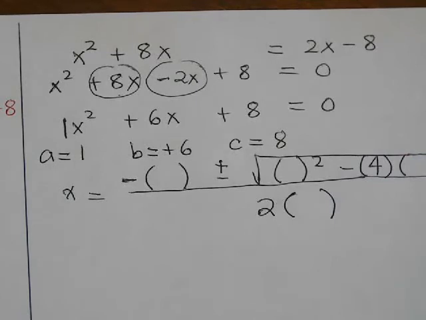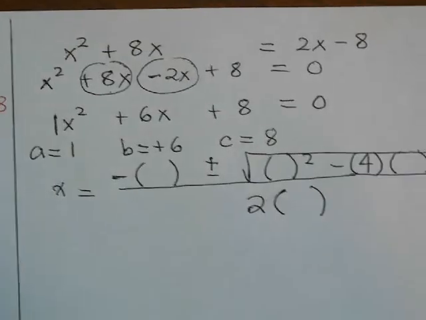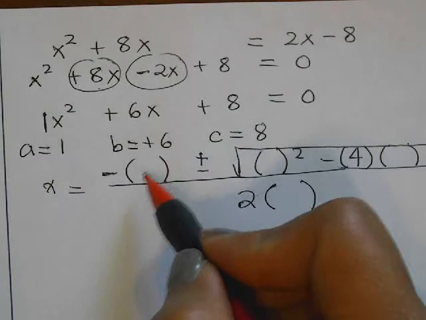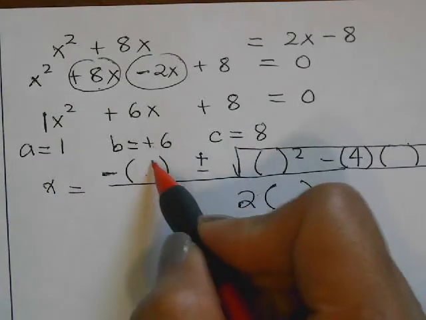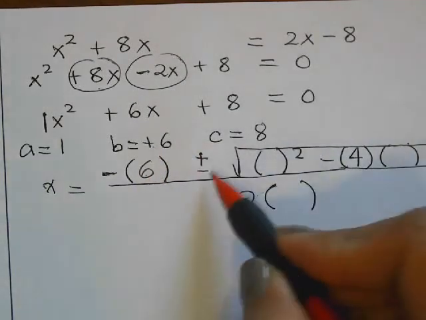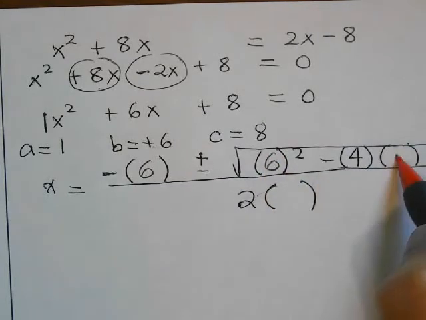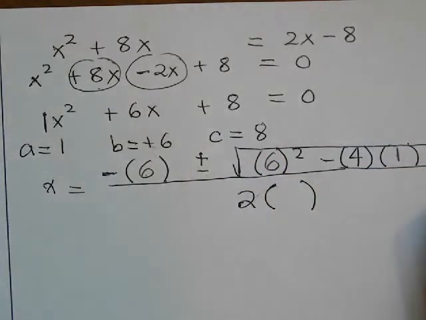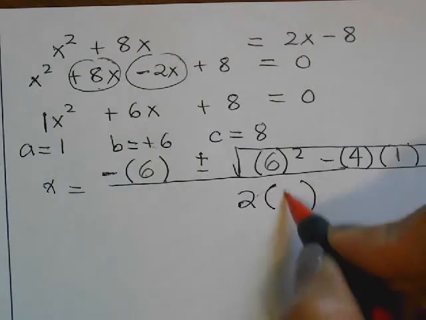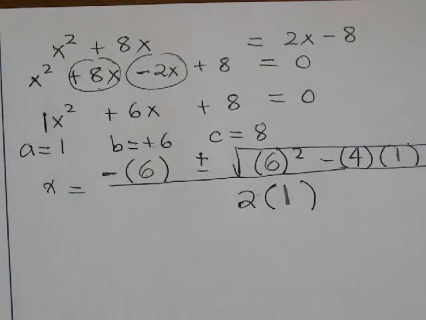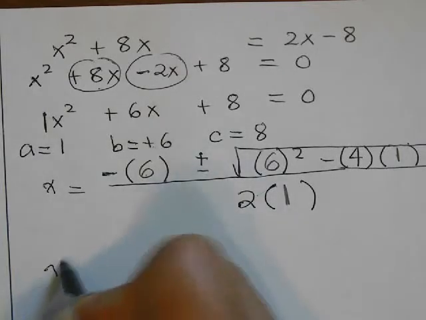Okay, so that is our formula. So the formula is negative b. We're going to put our b here, 6, plus and minus square root of b squared minus 4, a is 1, and c will go here, and a will go here again. Okay, be sure you memorize the quadratic formula. And then you just calculate it.